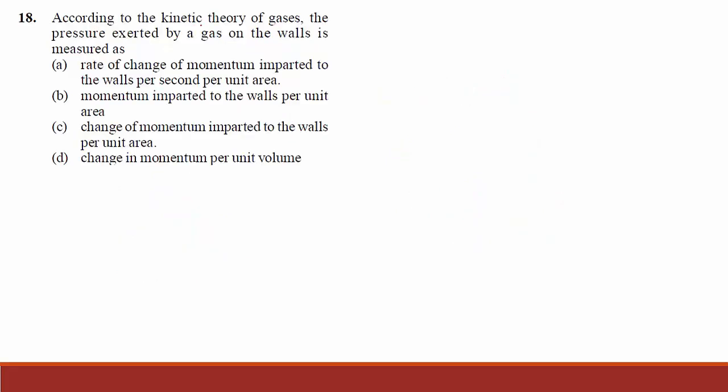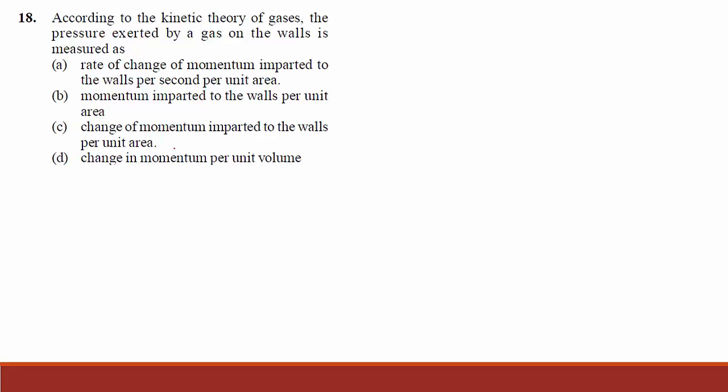According to the kinetic theory of gases, the pressure exerted by a gas on the walls is measured as: first option, rate of change of momentum imparted to the walls per second per unit area. Second option, momentum imparted to the walls per unit area. Third, change of momentum imparted to the walls per unit area.